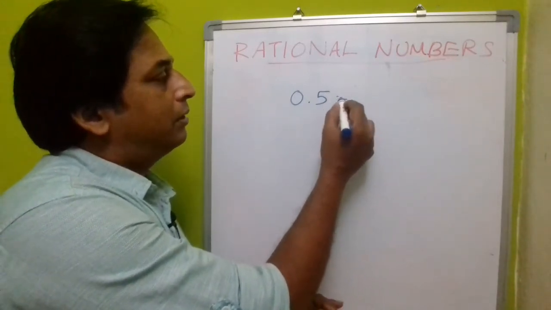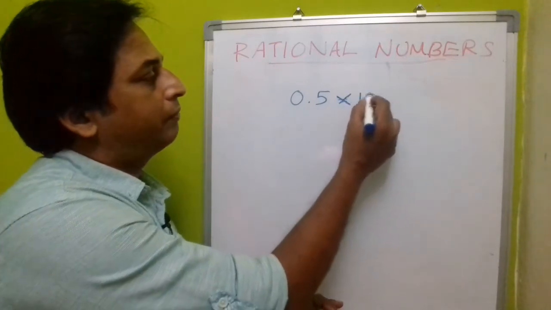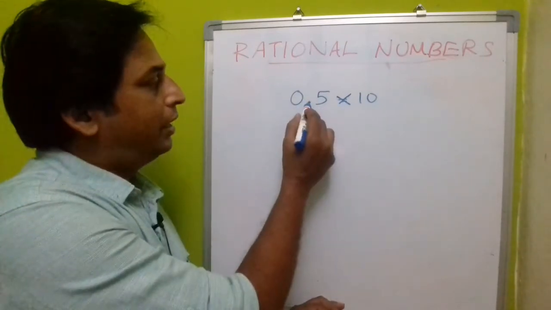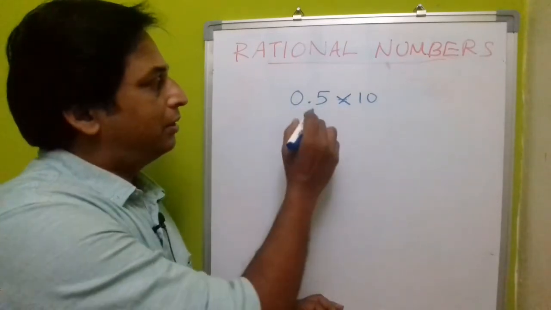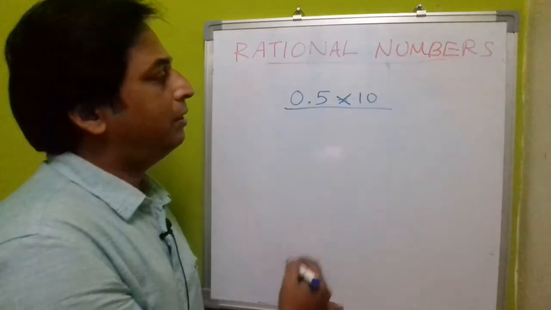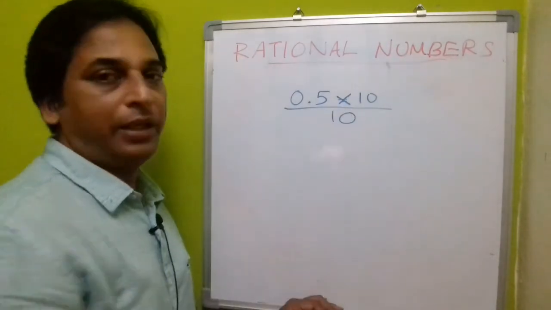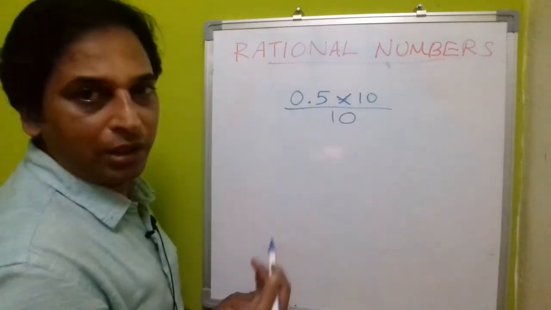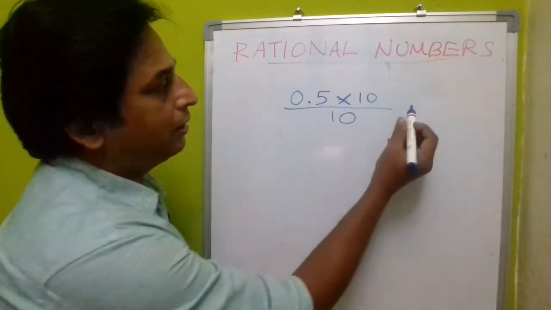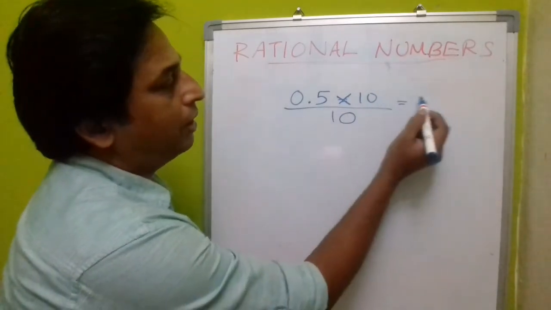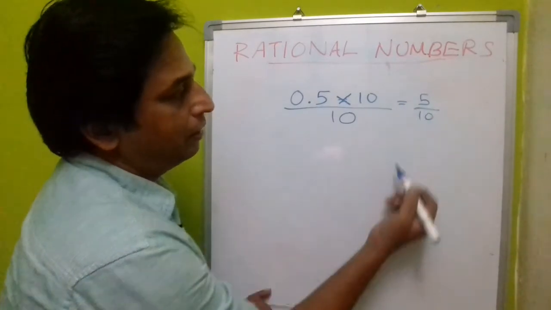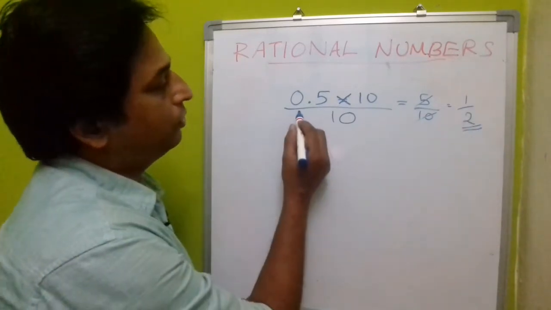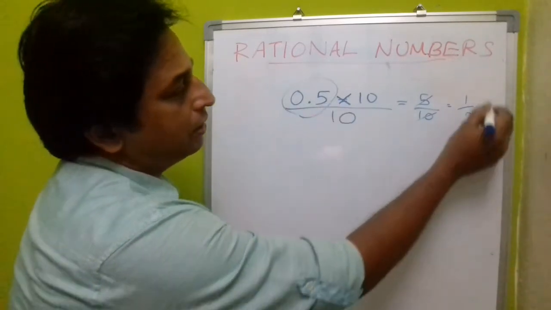You can multiply this number by 10. We are trying to remove the decimal. If you multiply by 10, you will have to divide by 10 to balance it. Now this number becomes 0.5 into 10 is 5 by 10. You can simplify it into 1 by 2. So 0.5 can be written as 1 by 2.